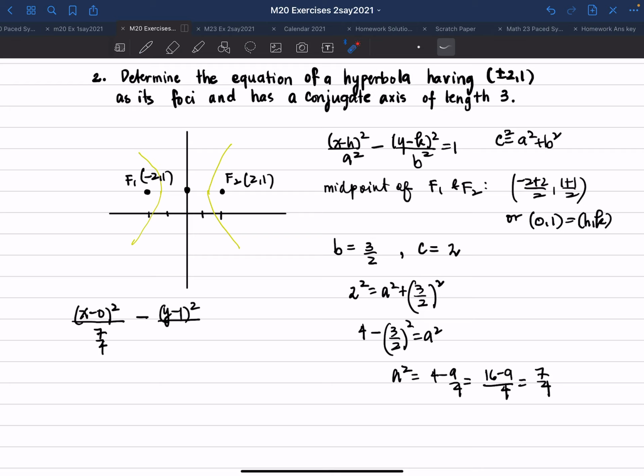What is b? B is this one. So 3 over 2 square. What is 3 over 2 square? That is 9 fourths. And there we have this equation. So that is the answer for number 2.